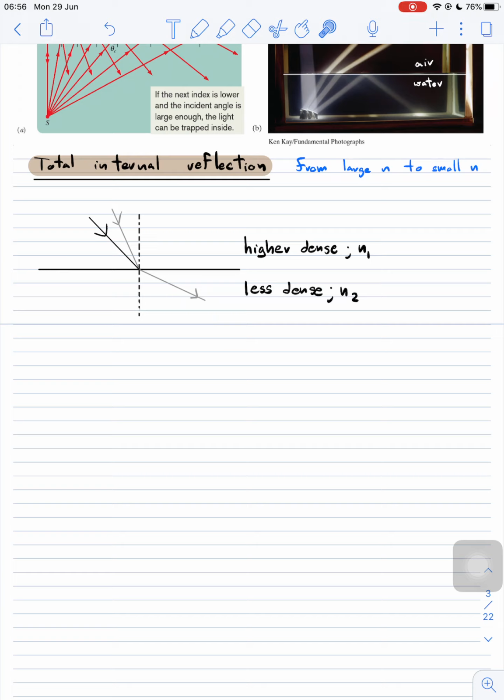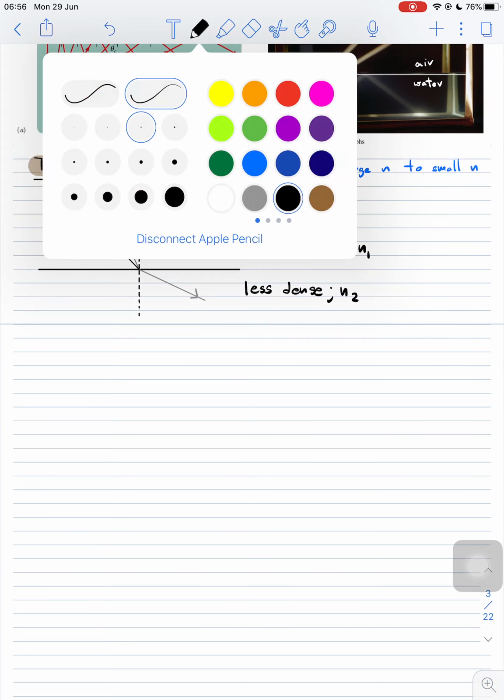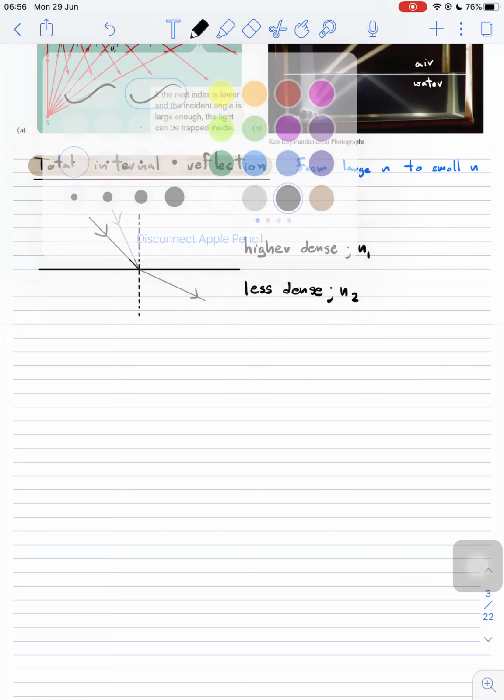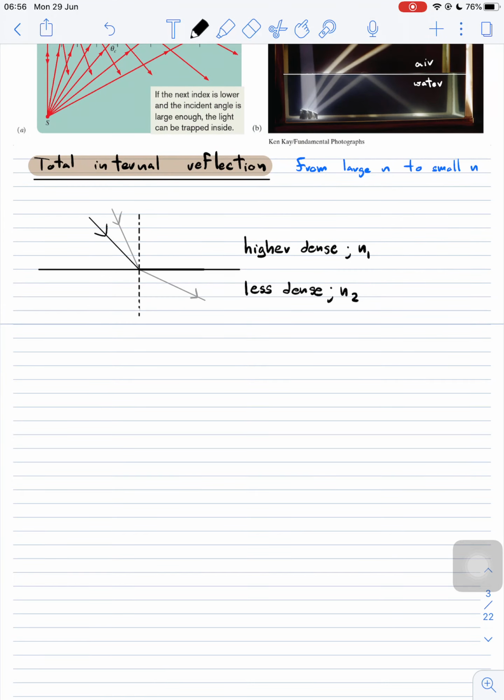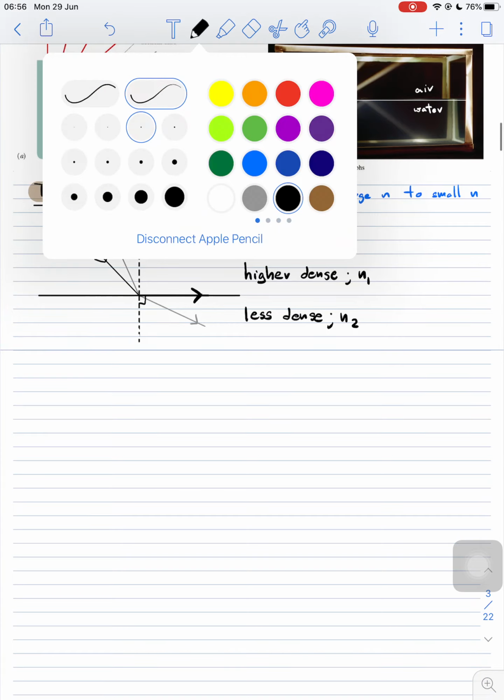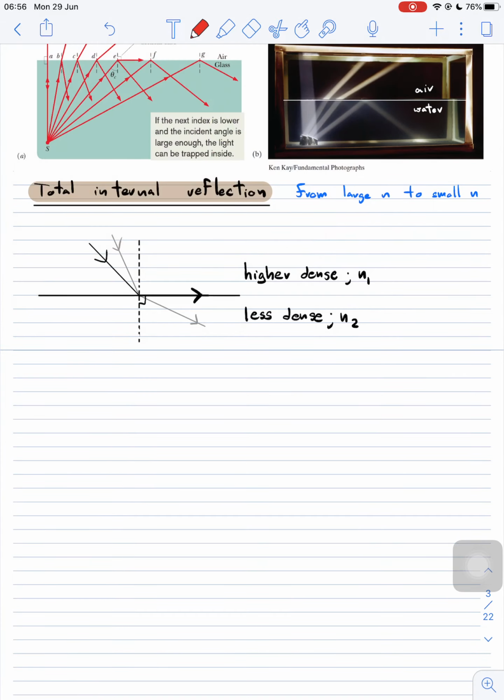Then it's possible that this refracted ray will make a 90 degree angle to the normal line. But what if we increase the incident angle more?